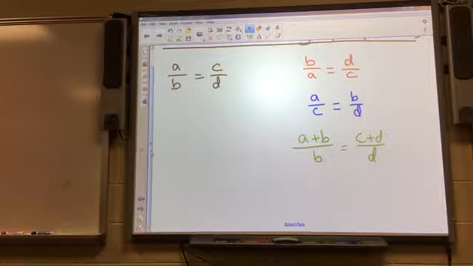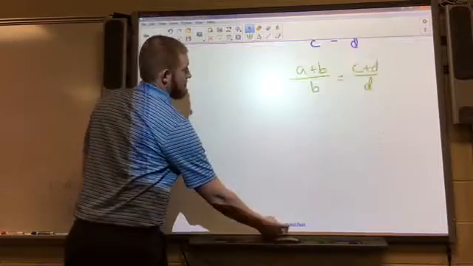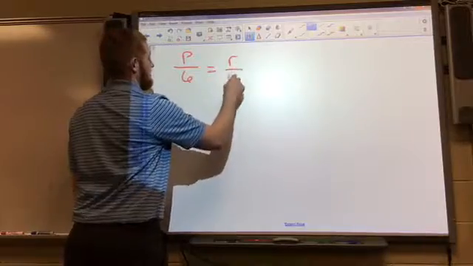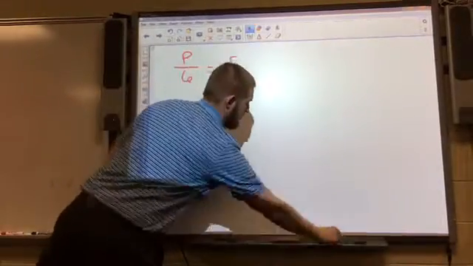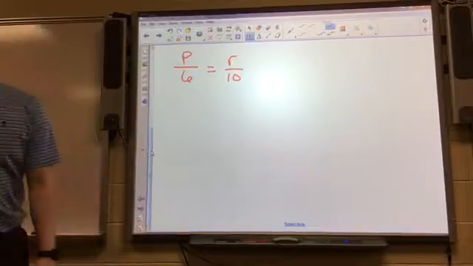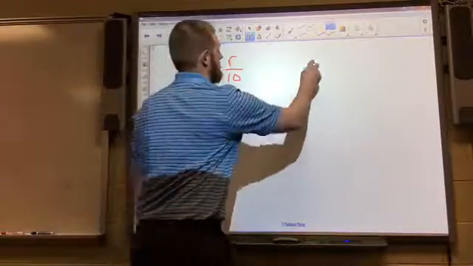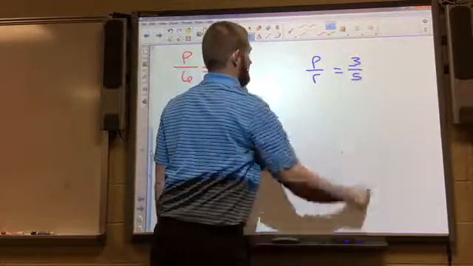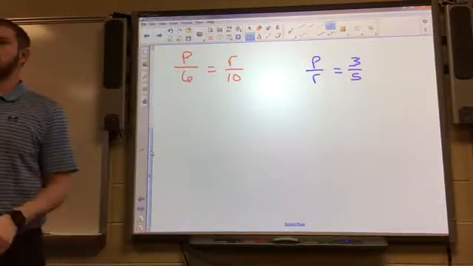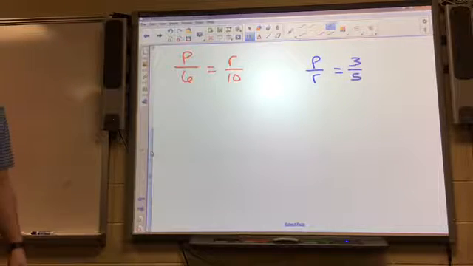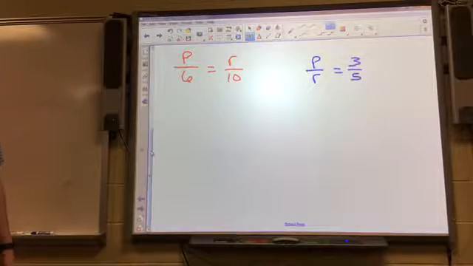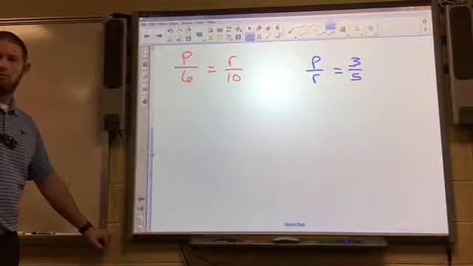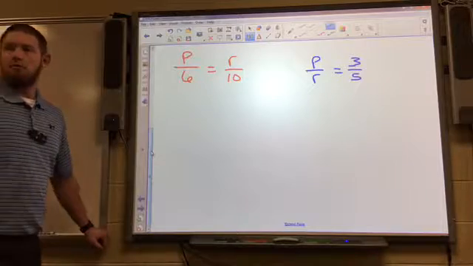And let's take a look at example 1. They have P over 6 equals R over 10. They want to know, is it true that P over R has to equal 3 over 5? Yeah. Why, Taylor? What did they do there? Right.